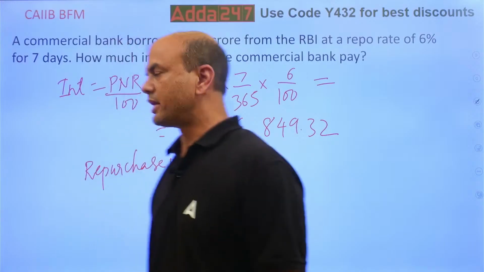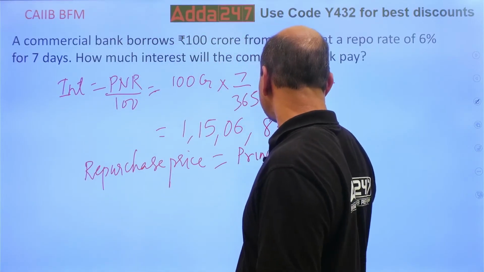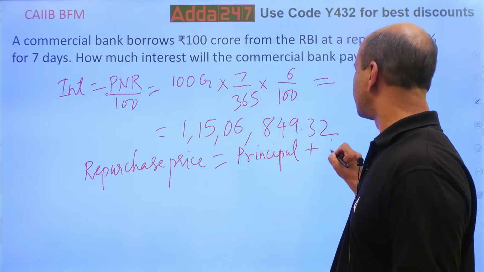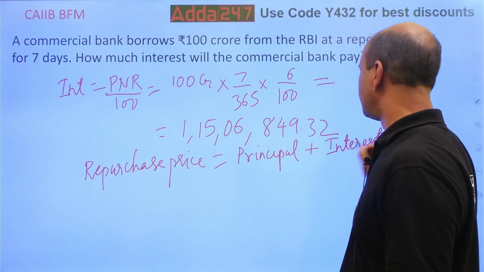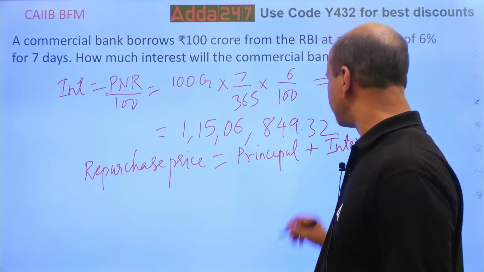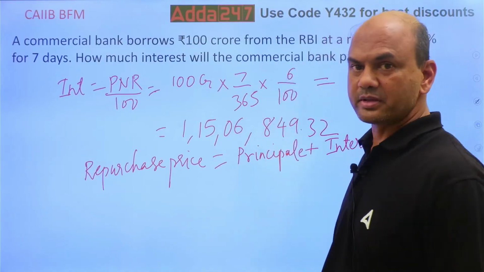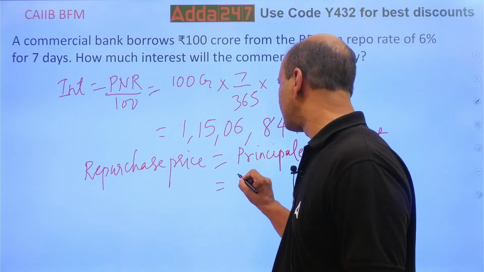Repurchase price of RBI is again the same principal, right? Plus interest. Principal, like a college principal. This is the principal, so it is 100 crore.